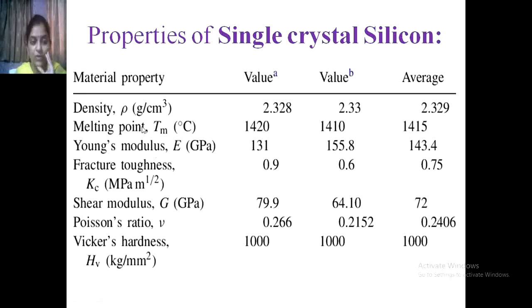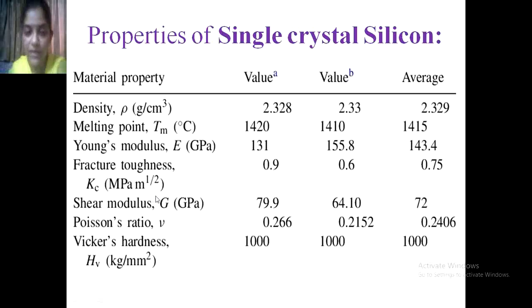Next, the properties of single crystalline silicon. The density in gram per centimeter cubed is 2.328 and 2.33, and the average is 2.329.